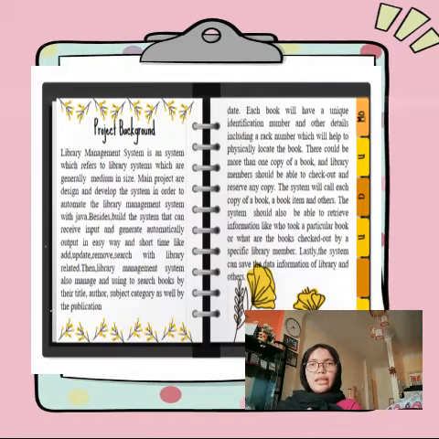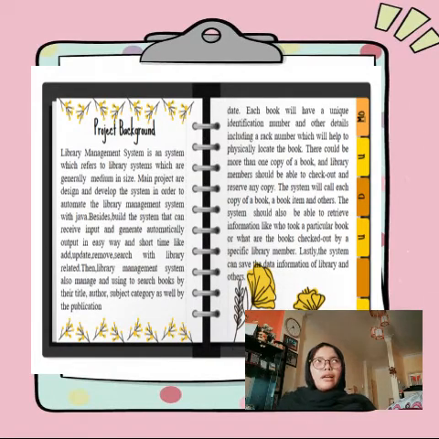A library management system is a system which refers to a library, which means a library can use the system to manage all the things in the library. So for example, we designed this system to handle all the problems or work in the library.